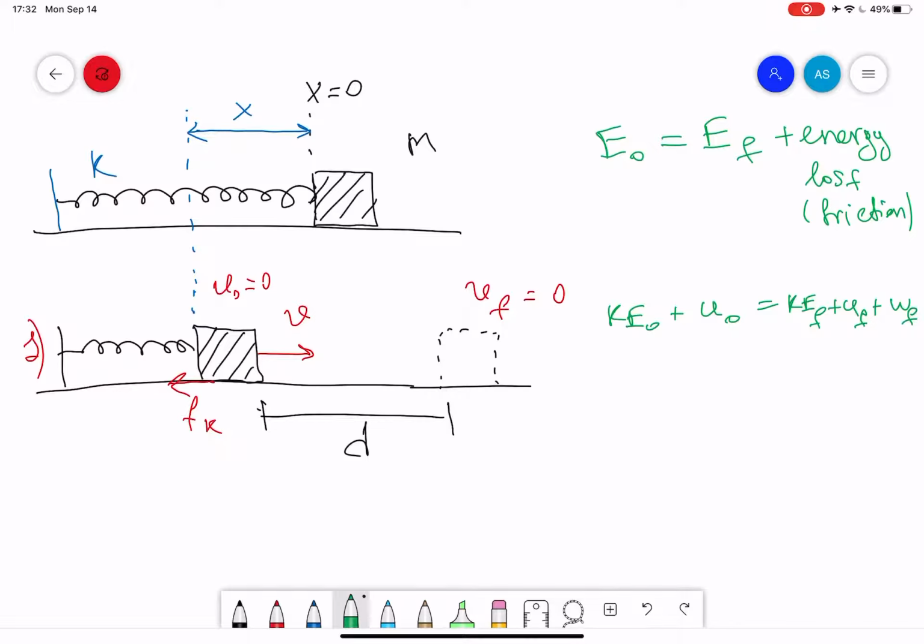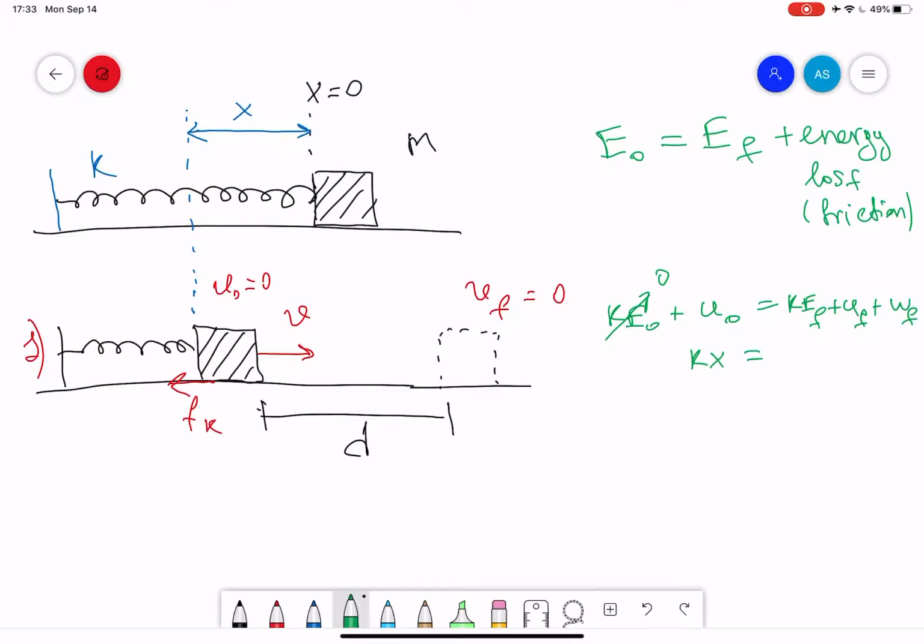Now let's look at the kinetic energy initial and final. When we compress the spring and hold it, the initial velocity is equal to 0, so we can say that kinetic energy initial is equal to 0. Then, compressed to a certain x and held, we have the initial spring potential energy, kx.